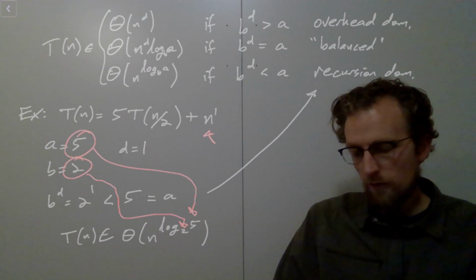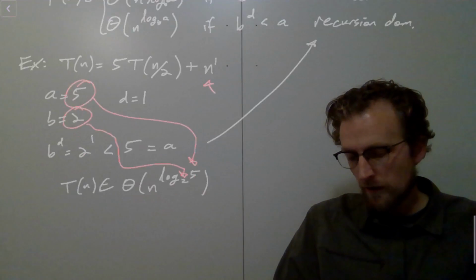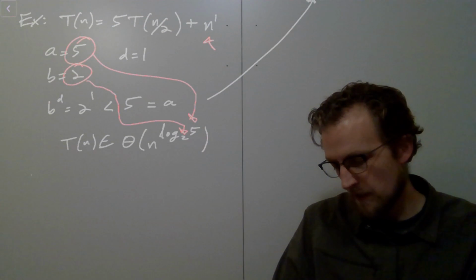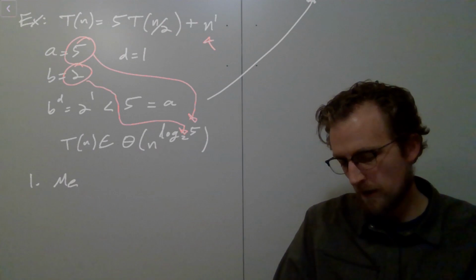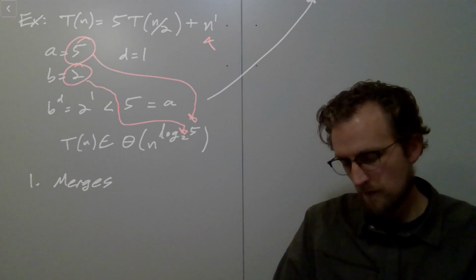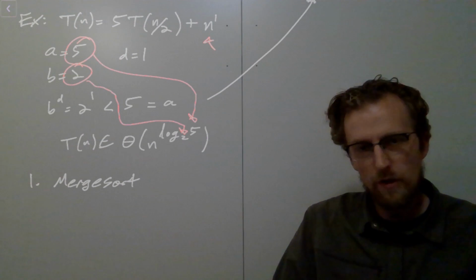Let's think about a couple of algorithms that we talked about using divide and conquer. So one is merge sort. This is very classic. So recall, what does merge sort do?